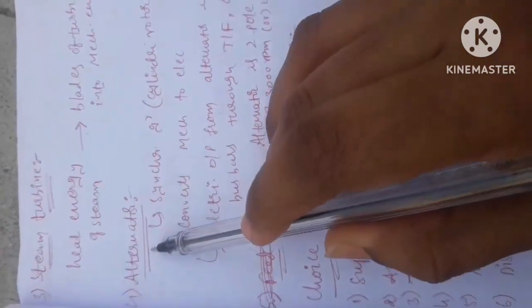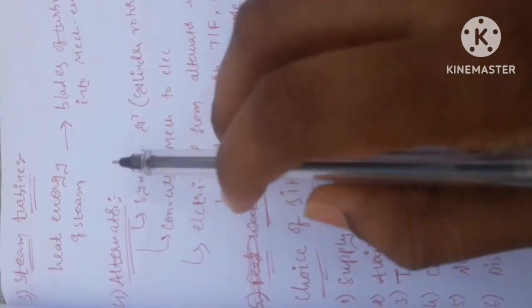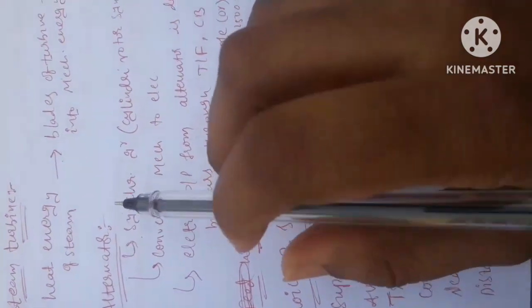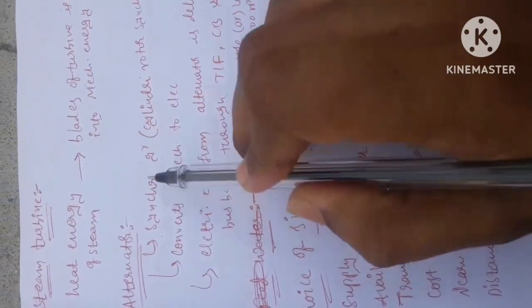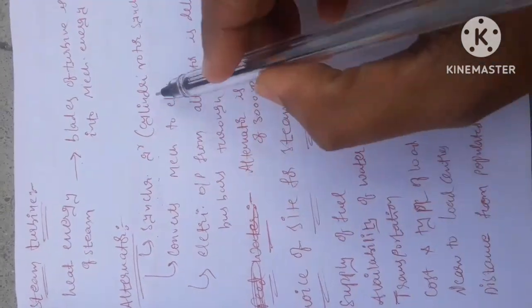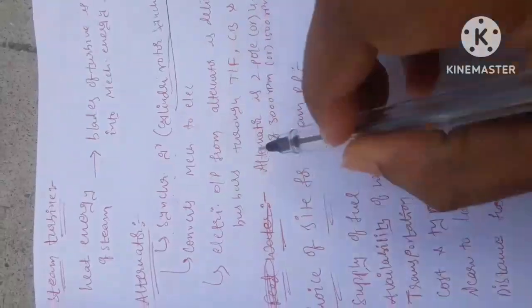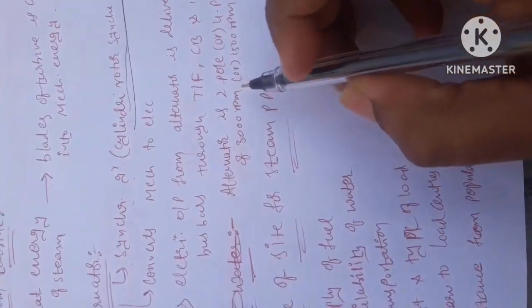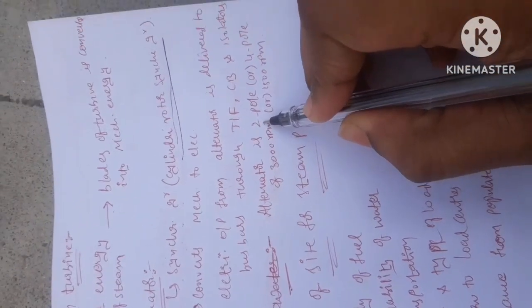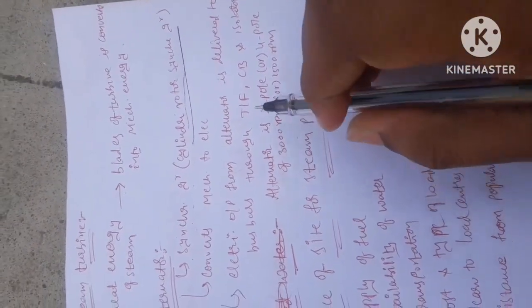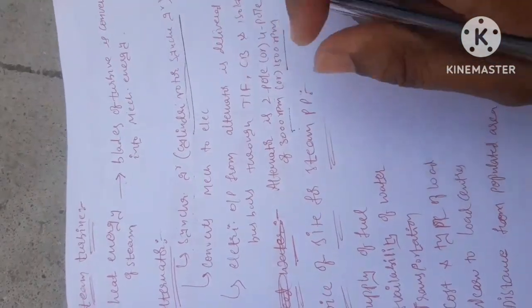After that, we have the alternator, which means the generator. The generator that we use in steam power plants is a 3-phase synchronous generator, and the type of alternator is a cylindrical rotor synchronous generator. It is a 2-pole or 4-pole generator of 3000 or 1500 RPM.